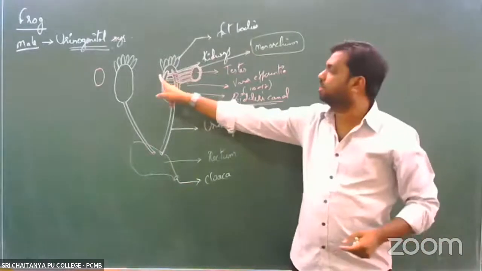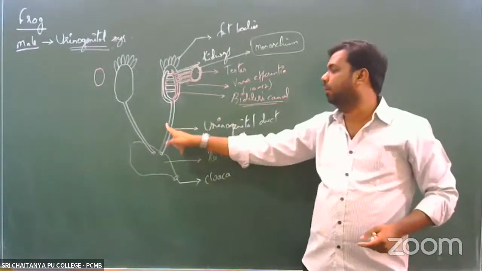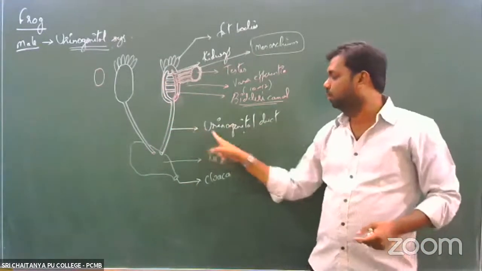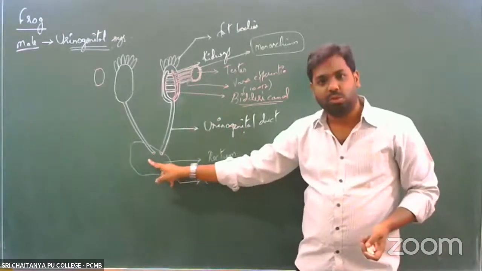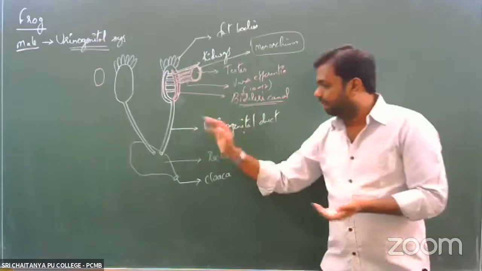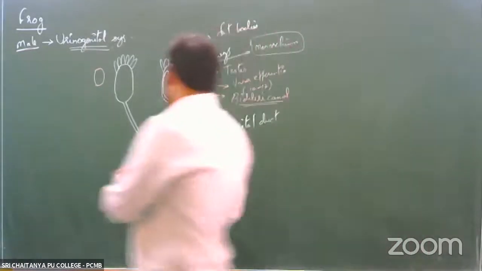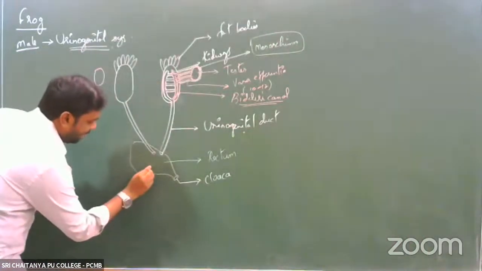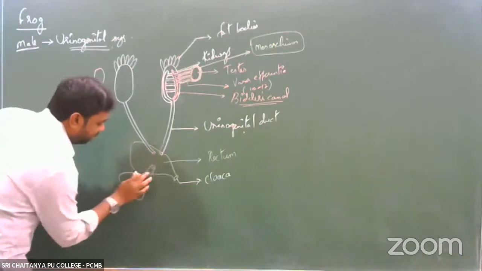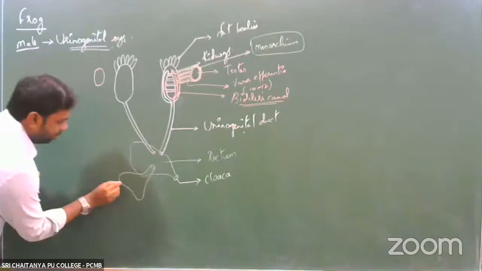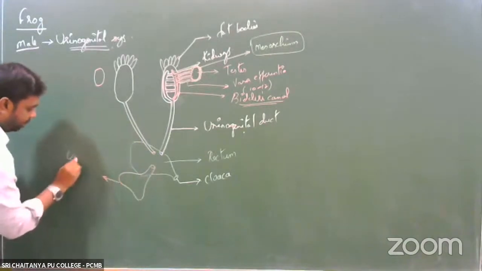The nitrogenous waste from this canal will pass outside the kidneys into the urinogenital duct. From the urinogenital duct, the nitrogenous waste enters into the cloaca, into the rectum. Once it enters, there is another, larger sac-like structure present here, which we will call the urinary bladder.